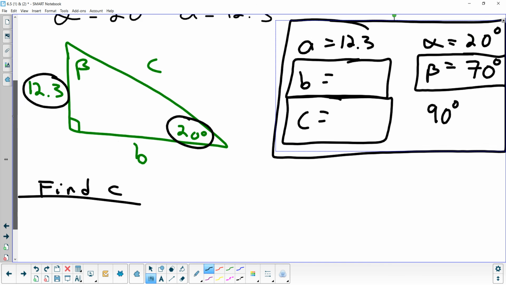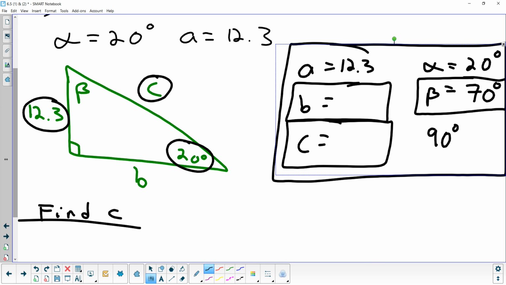So to find C, I'm going to circle it so we remember that's the one we're finding. What's the name of side C? And by name, I mean its position to the 20-degree angle. Yep, it's the hypotenuse. And what's the position of the 12.3 side, from the perspective of the 20? Yep, opposite.